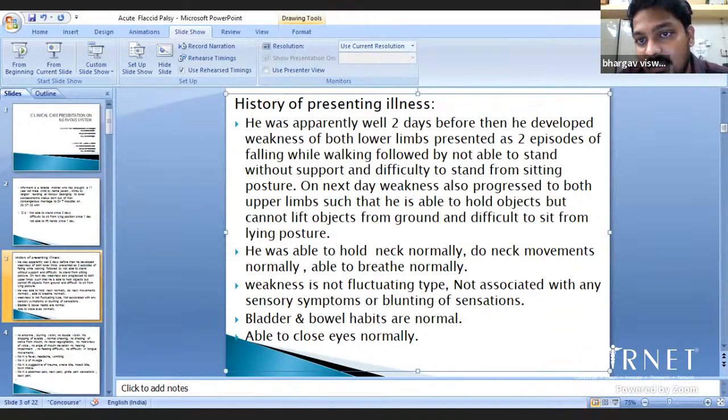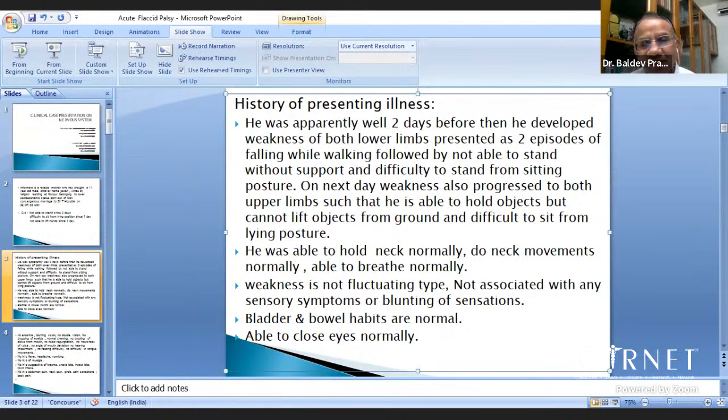Probably sometimes the weakness is associated with, maybe due to, transverse myelitis, in which bladder and bowel habits will be disturbed. There will be incontinence. But suppose, as you were telling, it's a neuromotor problem, still bladder bowel involvement can occur.